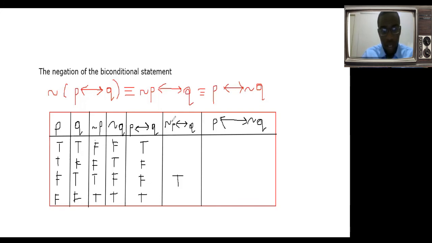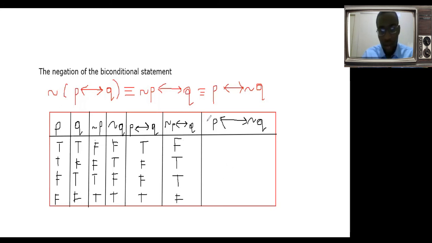Whenever not P is false and Q is false, we're going to have true. Now right here is going to be false and right here is going to be false.